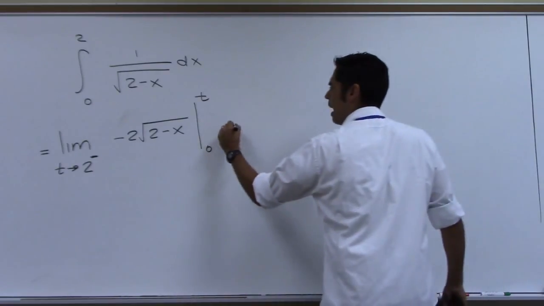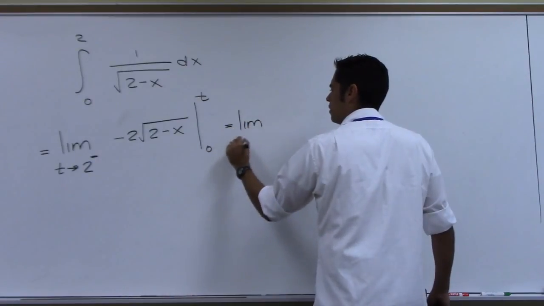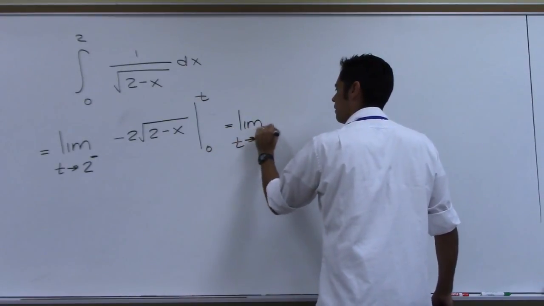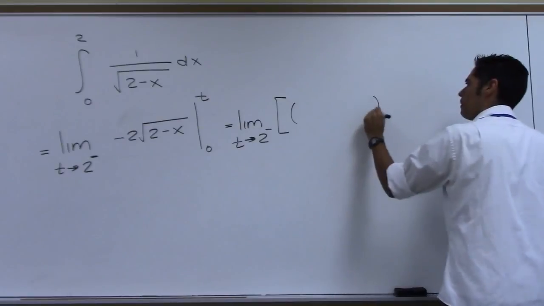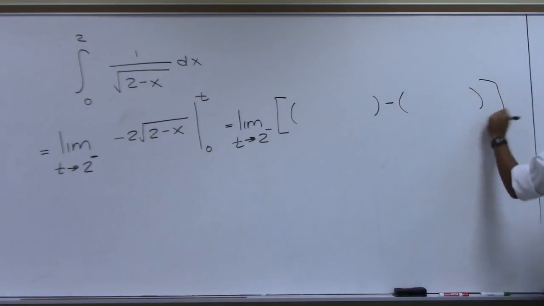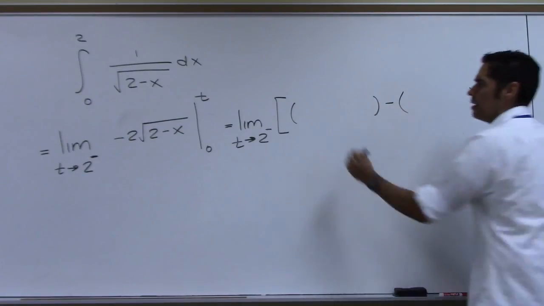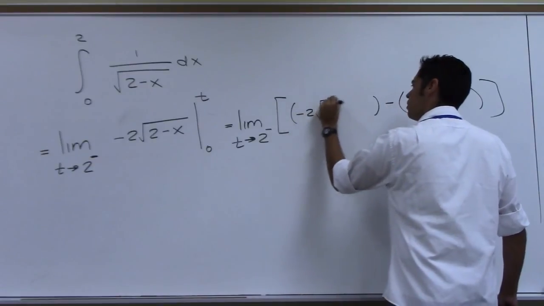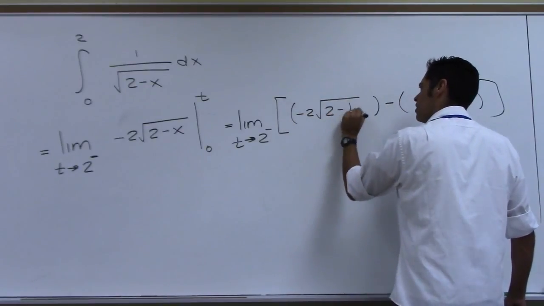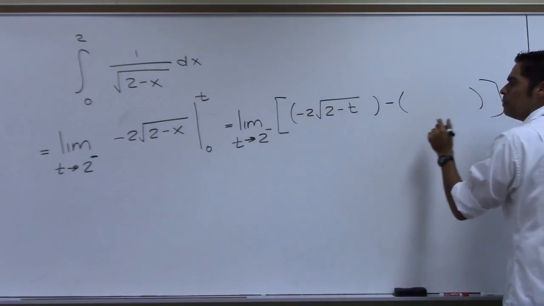So I'm going to set up my brackets now, my 2 sets of parentheses. Plug t in, I get -2 times root 2 minus t, and then I plug in 0.